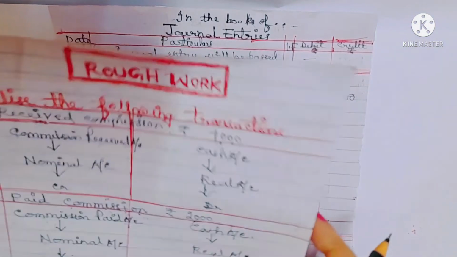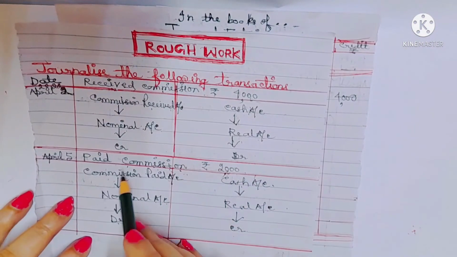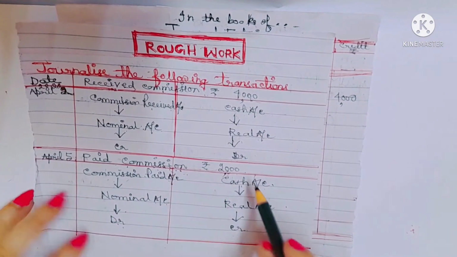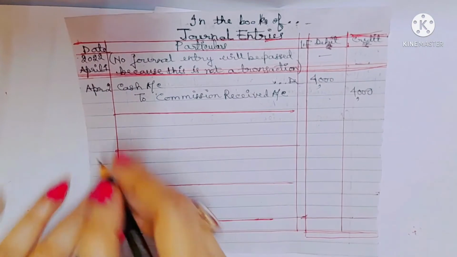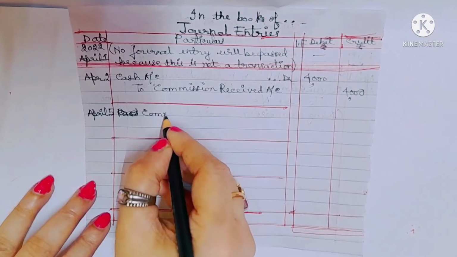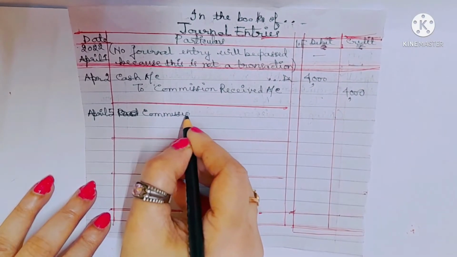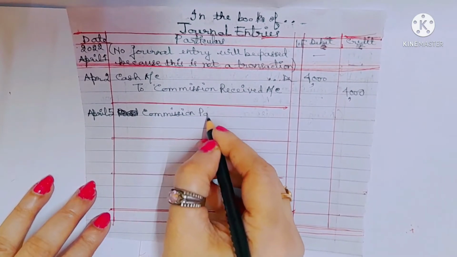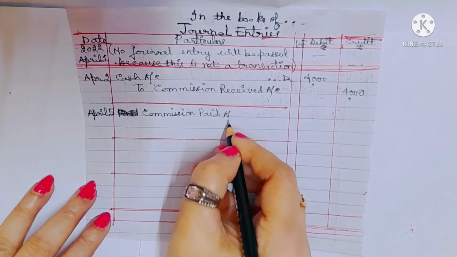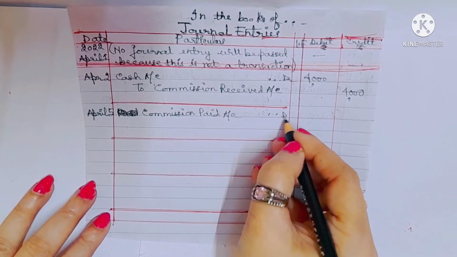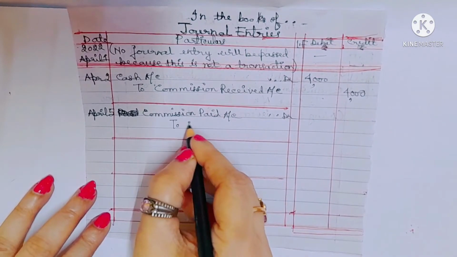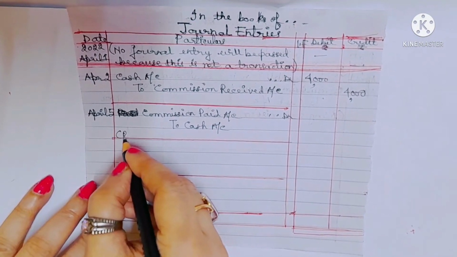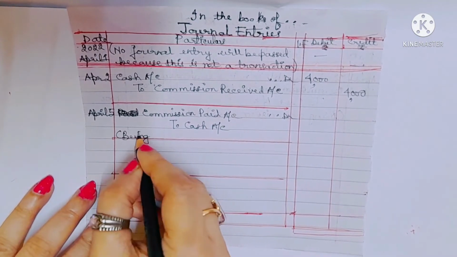What is the third transaction? Paid commission on 5th April 2,000. Commission paid debit, cash account credit. April 5th, commission paid account debit to cash account, being commission paid.